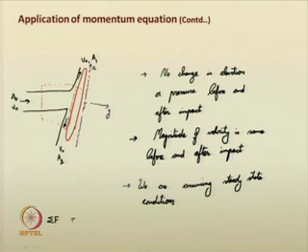Sigma F is equal to the surface integral of v rho v dot n dA. In that control volume, you can apply this particular equation at all the control surfaces.